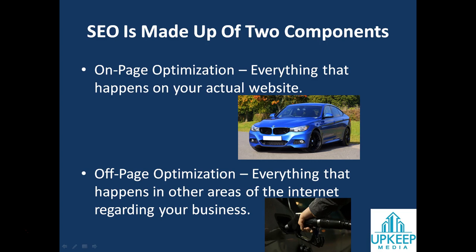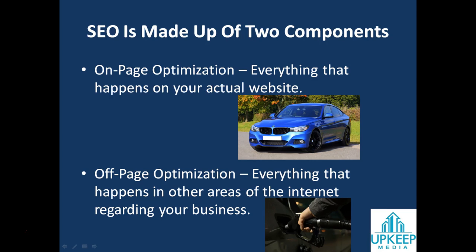If you take a brand new BMW and you put in that premium gas, it's going to go much faster and perform much better. So you can think of the BMW as your website. You want to build up a high quality website before you start to do off-page optimization, so that it properly reacts to the off-page optimization that you're doing.